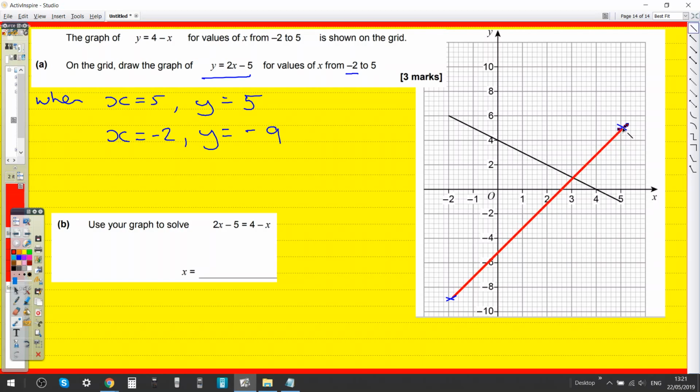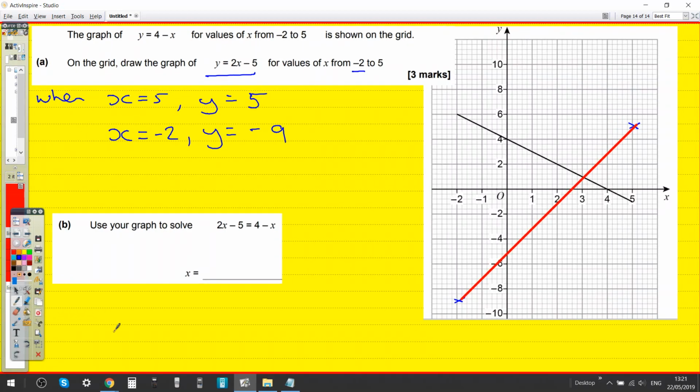That's it. Part B. Use your graph to solve 2x minus 5 equals 4 minus x.